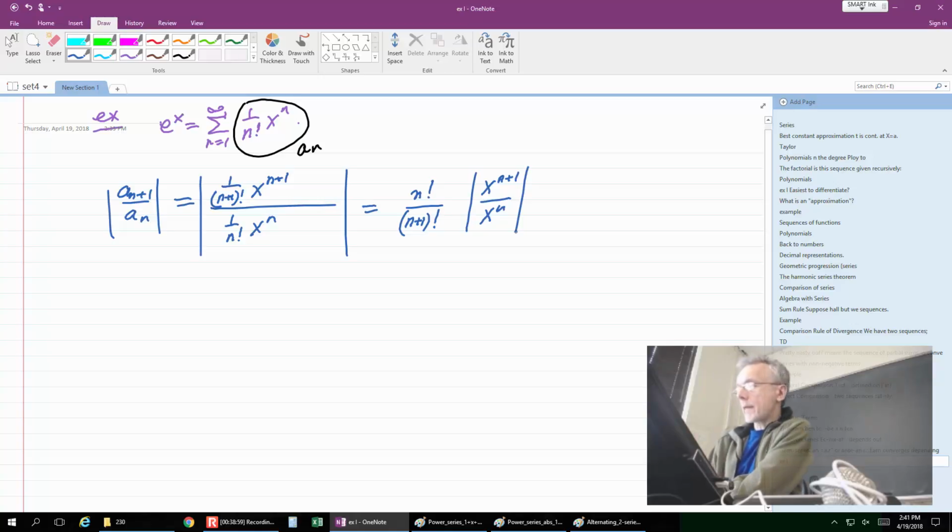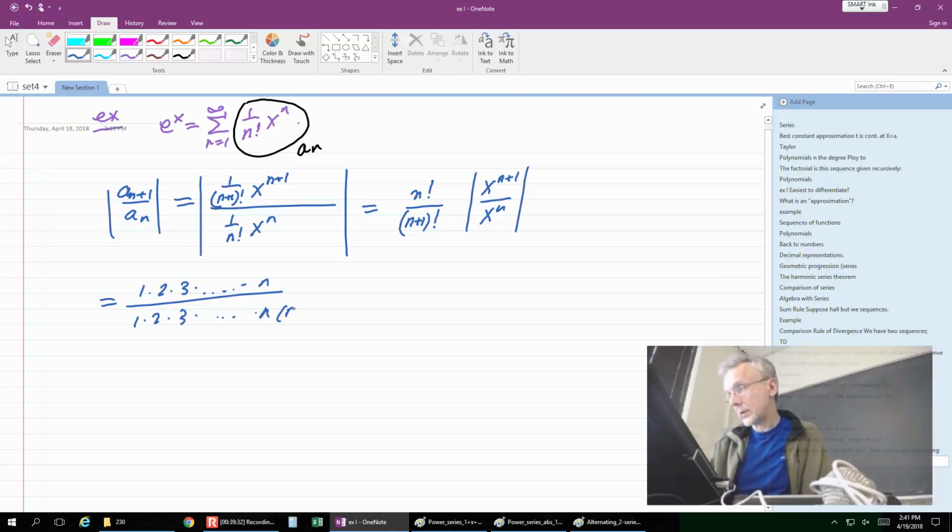Okay, the first simplification is canceling. So n factorial divided by (n+1) factorial, what does it give us? Remember what factorial is? Factorial is the product of all elements up to n, so it will be 1 times 2 times 3 times up to n, and in the denominator I have 1 times 2 times 3 times up to n+1.